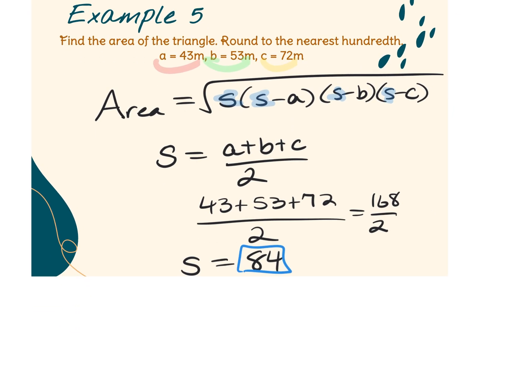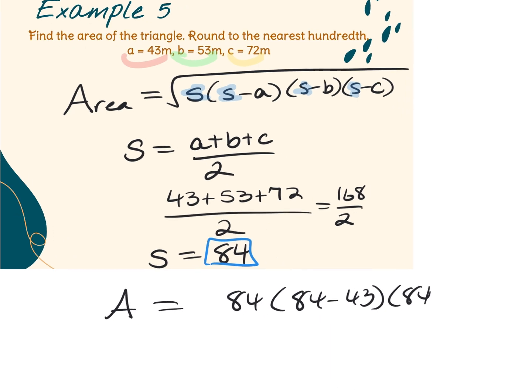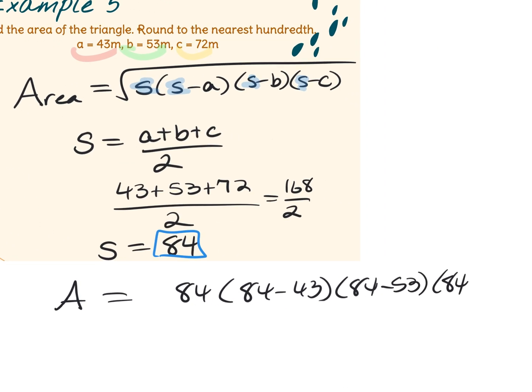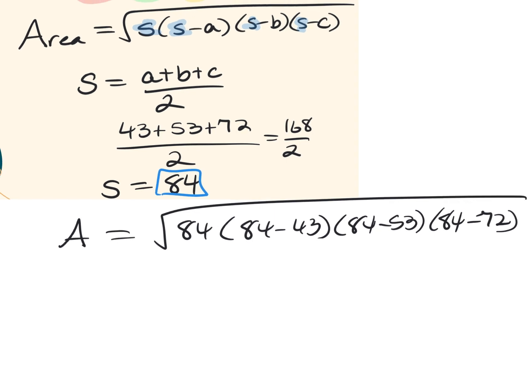So area equals 84 times 84 minus 43, 84 minus 53, 84 minus 72, and this is all under the square root. So we have to follow order of operations. We'll subtract each one of the parentheses. So 84, this gives me 41 when I subtract, 31, and then 12.